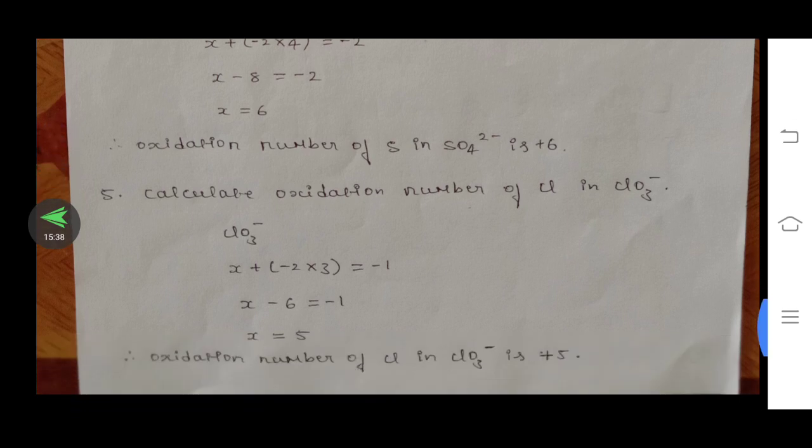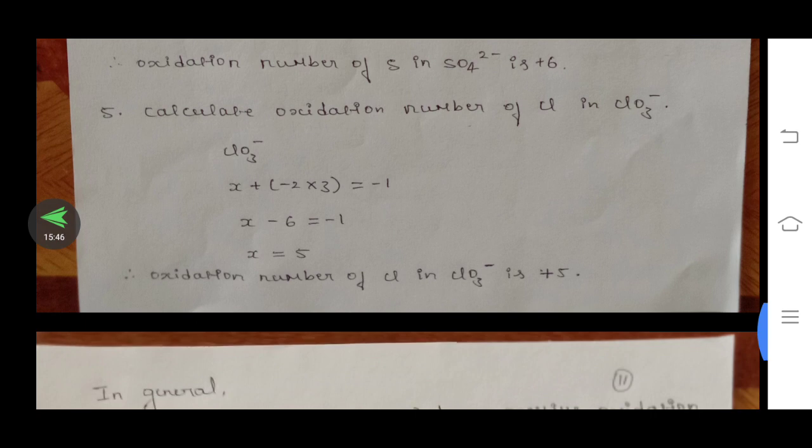Now the fifth one: calculate the oxidation number of Cl in ClO3 minus. Now Cl is unknown, so take it as x, plus minus 2 into 3 equals minus 1. Why minus 2?